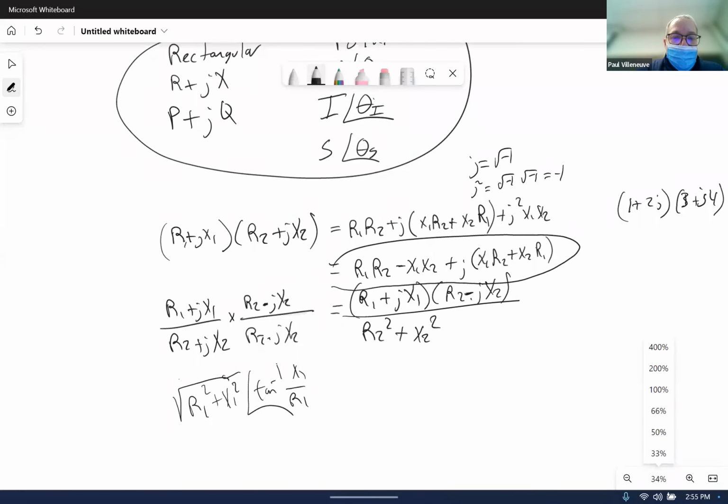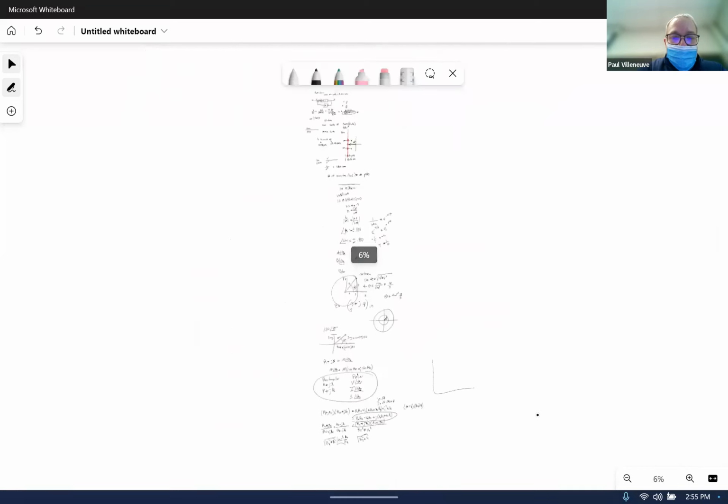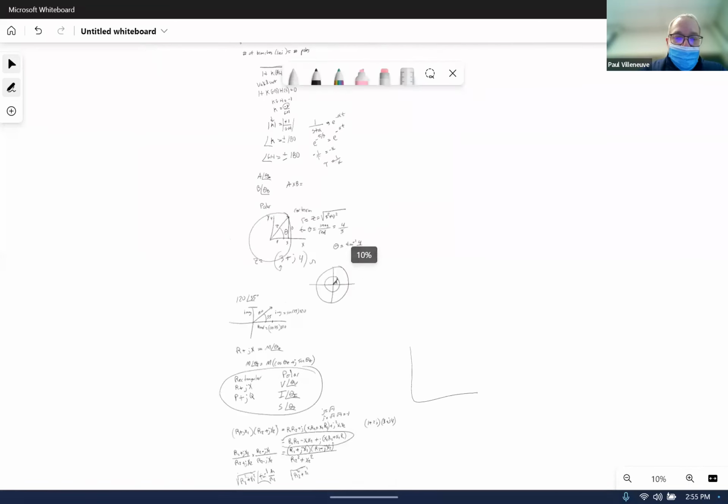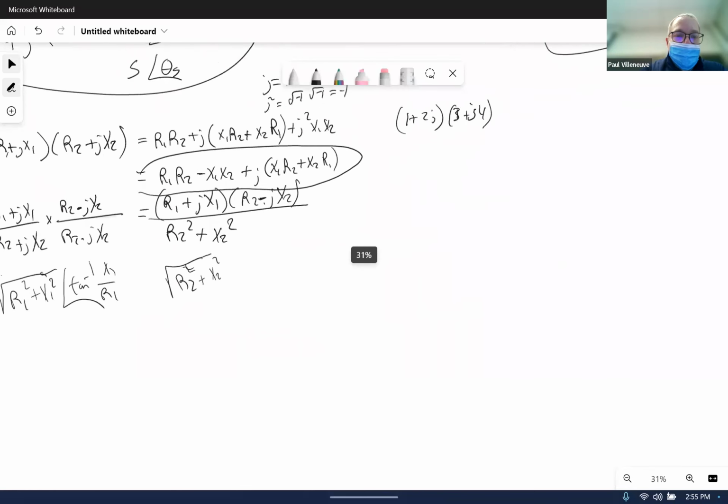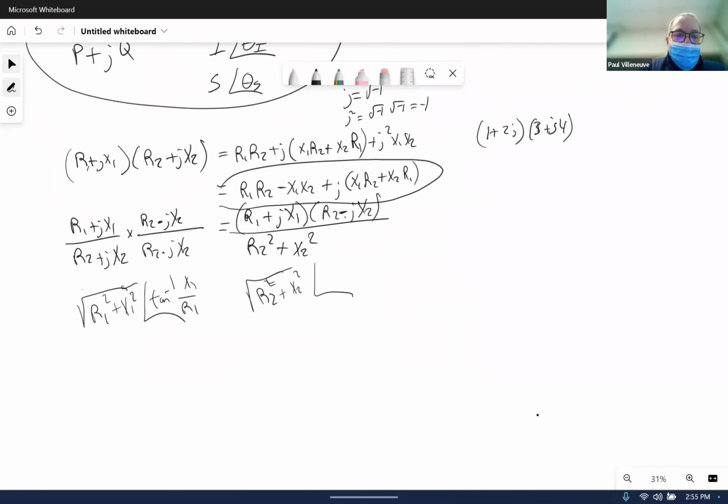And then this number over here is the square root of R2 squared plus X2 squared, at an angle of inverse tangent of X2 over R2.